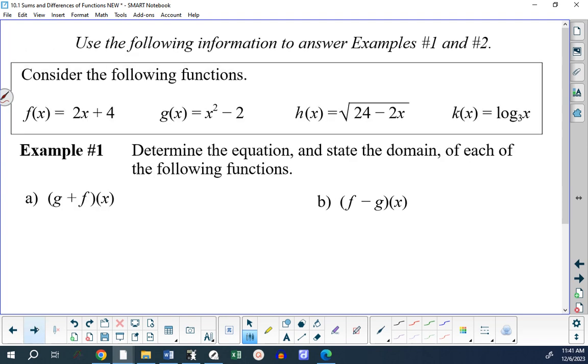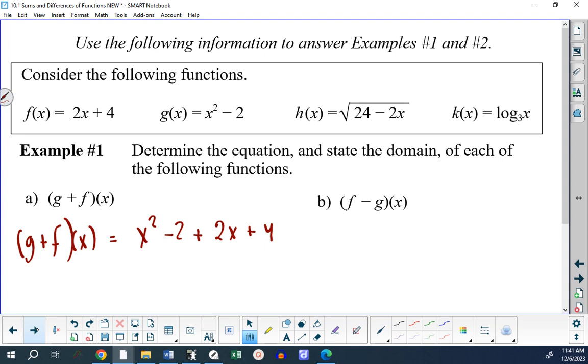They really are. Consider these functions. We've got 4 functions, and I'm saying to you, write the equation of g plus f of x. Well, g plus f of x will be equal to the sum of g of x plus f of x.